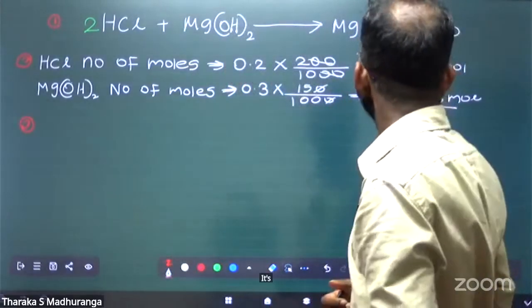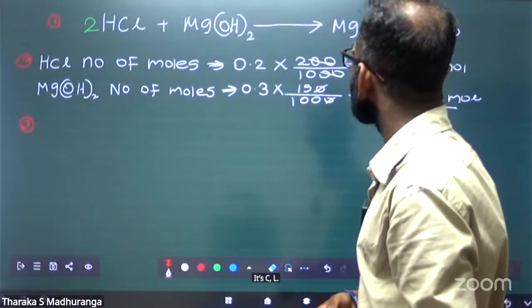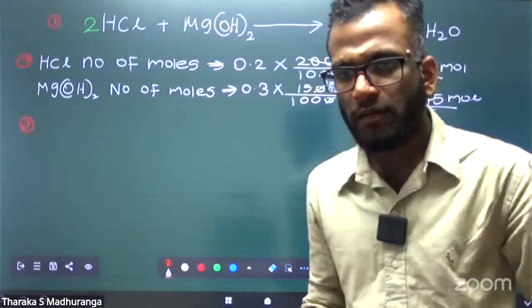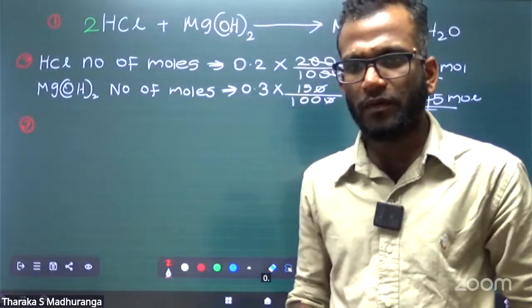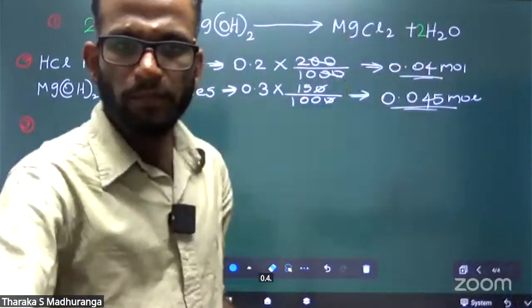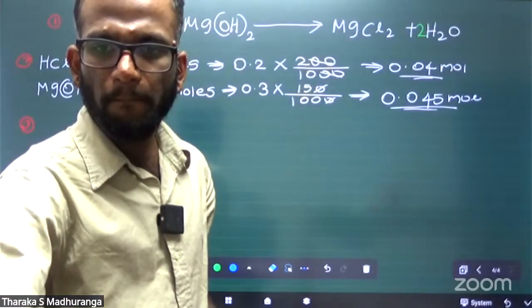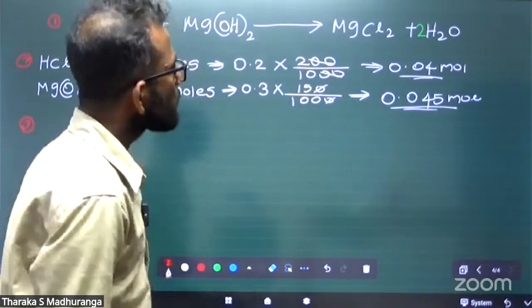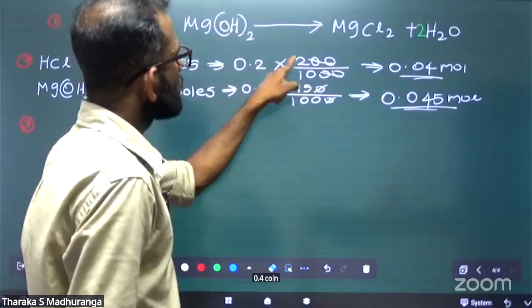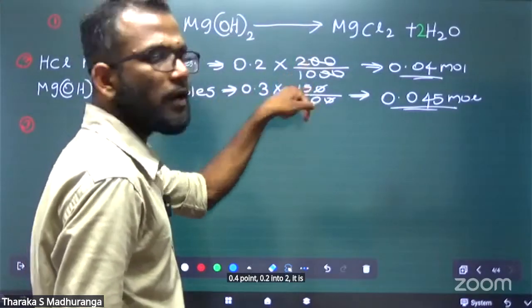HCl 0.4, 0.2 into 2, it is 0.4, divided by 10.